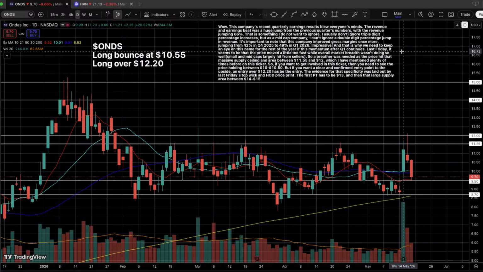Now, what's interesting about this is that when you take a look at their fundamental metrics, just the basic fundamental metrics that everyone tends to look at for any type of company, and I've shown you my quick snapshot of the fundamental metrics that I tend to look at to see how a company is doing, well, everything is taking off.